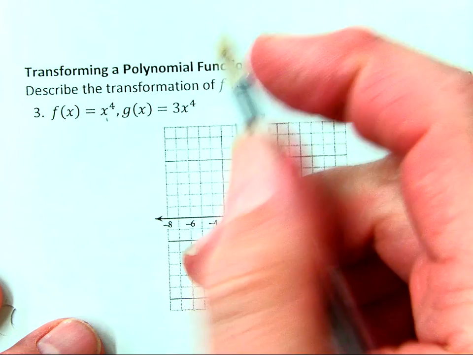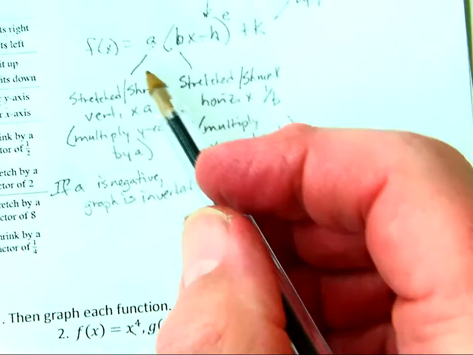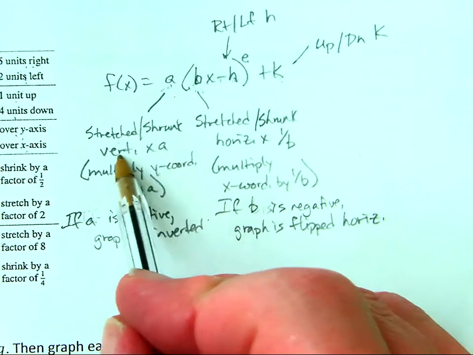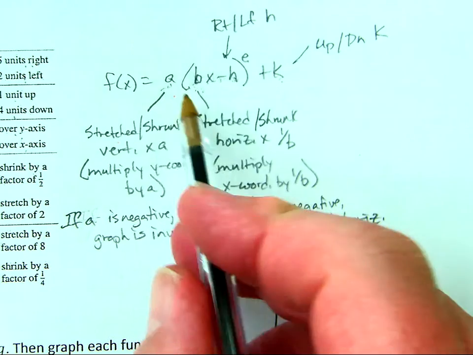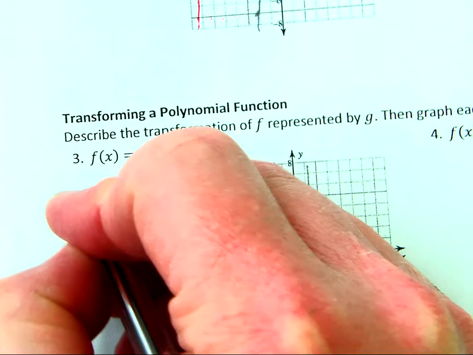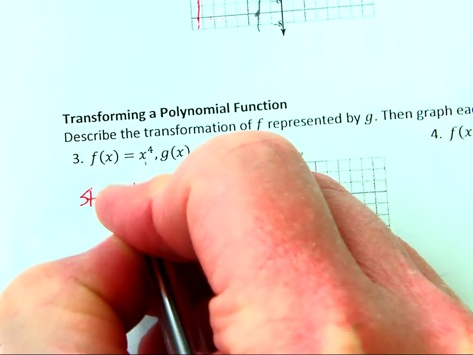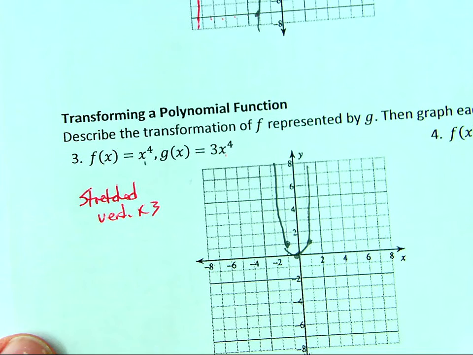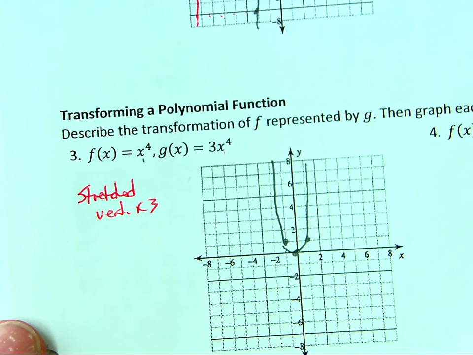Now here we have a 3 in front. Remember we said if there's a number in front, that's in the A spot, that means this graph is stretched or shrunk vertically by that number. Well, here that's a whole number, so this one is stretched vertically by 3. So that means we multiply every y-coordinate times 3.